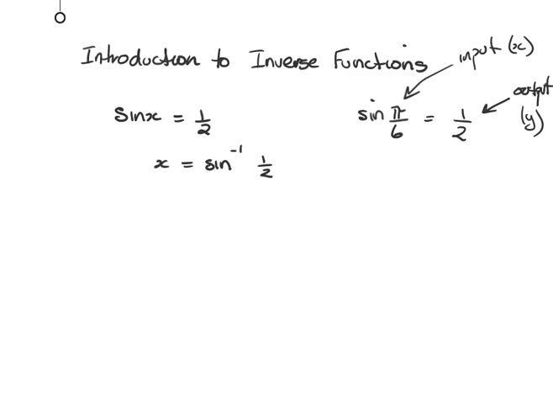Now, trig is not the only place this happens. This happens with logs and exponentials. When you take the log, you're getting the power. When you're looking for the exponential, you're finding the value when it's raised to a given power. Exponentials and logs are inverses of one another.